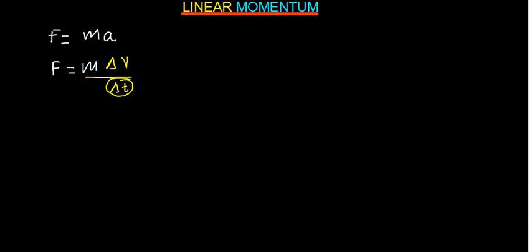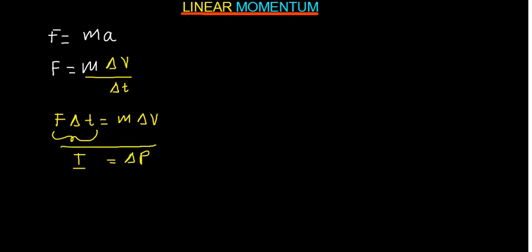And then I'll just multiply this change in time with the force this side. So that is going to give us force multiplied by change in time, and that is going to be equal to mass multiplied by change in velocity. Now force multiplied by change in time, this is what we call impulse. And you know that mass times velocity is momentum. Now since this is mass times change in velocity, then this is going to be change in momentum. So this is the impulse momentum theory.